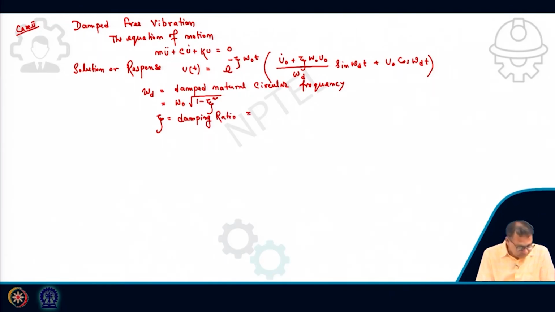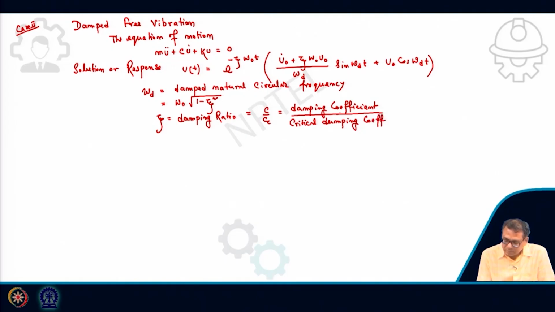So what is damping ratio? That is actually C by Cc. What is C? C is the damping coefficient divided by the critical damping coefficient. Okay.